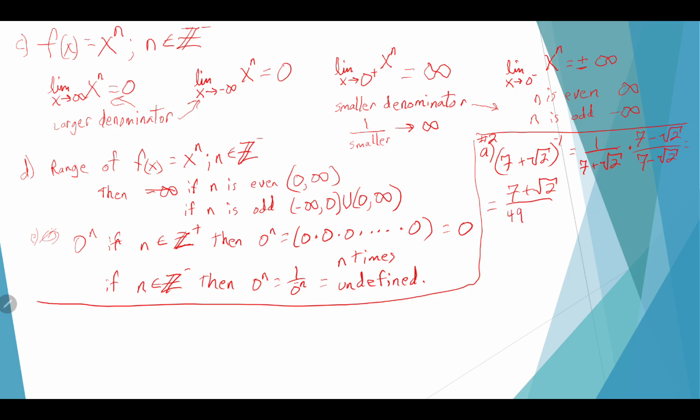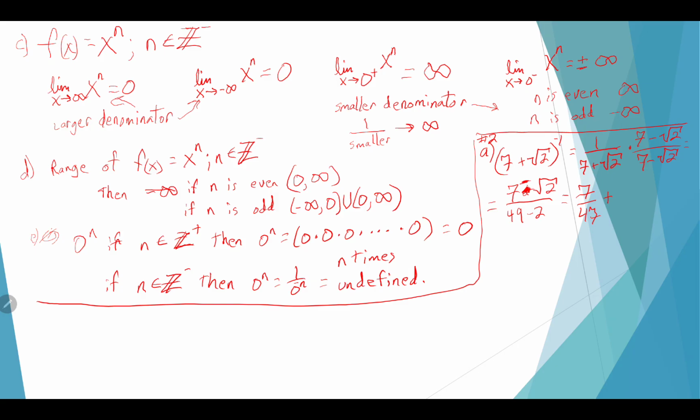And then I have square root of 2 times square root of 2 negative 2. So this gives me 7 over 47 plus, oops, this is not a plus. Sign error.